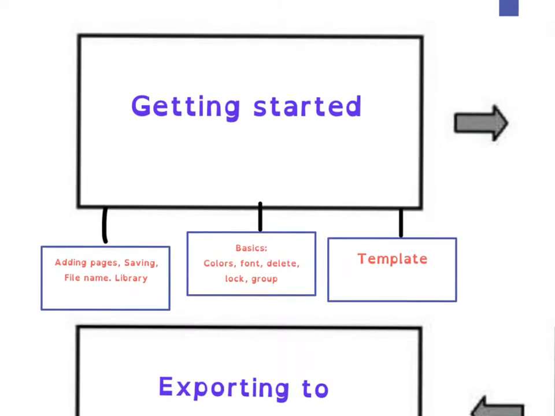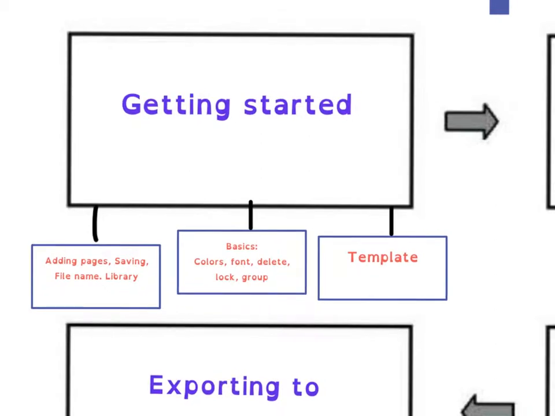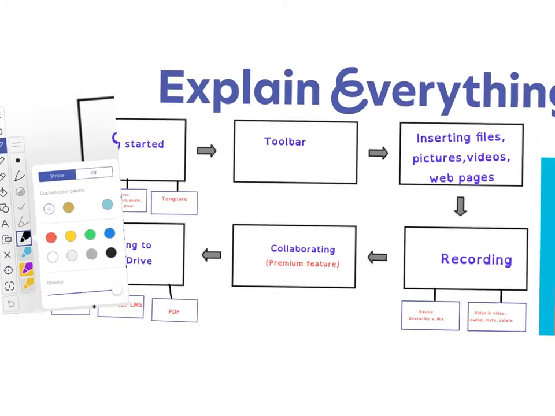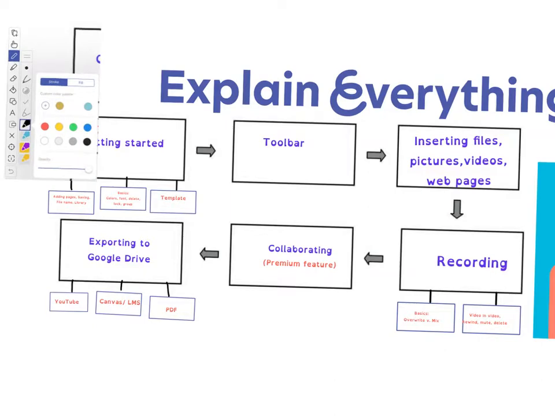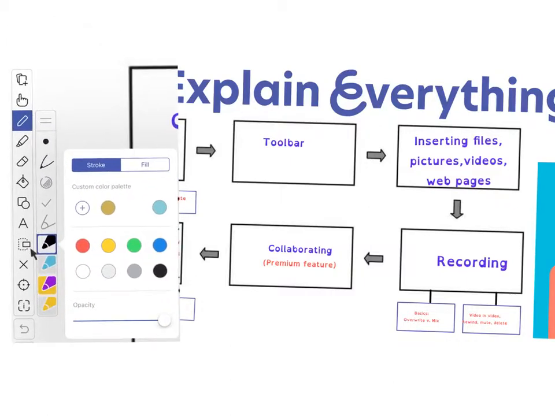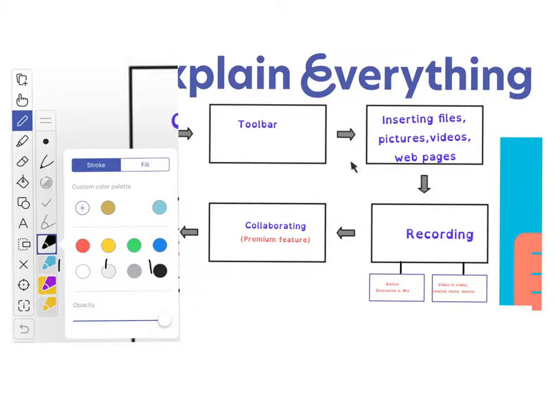When you are beginning your presentation, you can add pages, save, change the file name, access the library, change colors, font, and you can create templates as well. The toolbar, which is on the left-hand side by default, as you will see, can give you lots of different features.